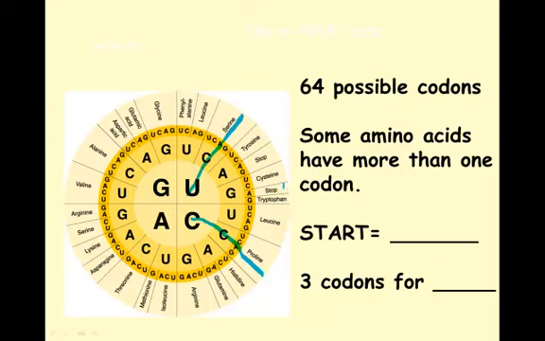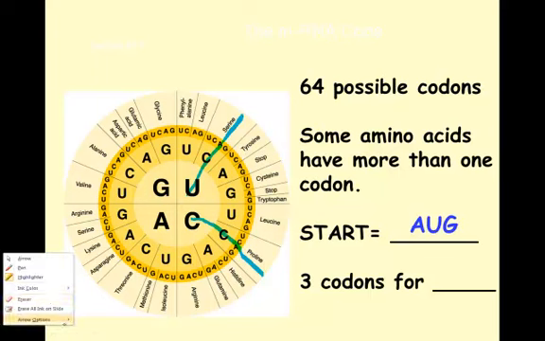Like we have stop codons here. The very first codon, the starting codon, is always AUG. So let's look at that. If I start my protein with AUG every time, what amino acid is going to go in at the very beginning of every eukaryotic protein?